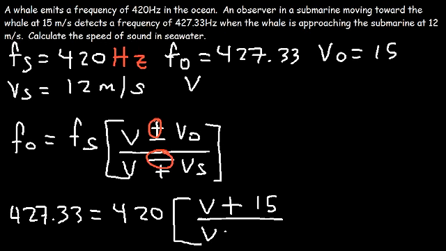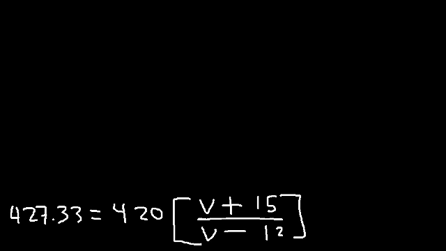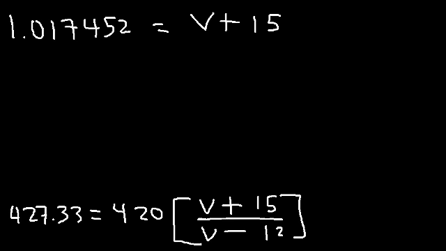And then V minus the speed of the whale, which is moving at 12. So let's divide 427.33 by 420. So this is going to be 1.017452. And that's equal to V plus 15 divided by V minus 12.